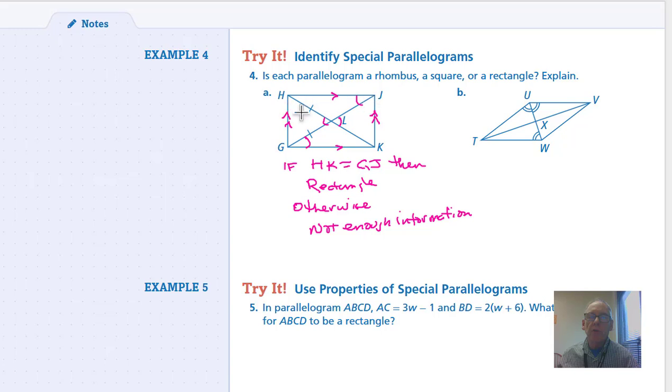By alternate interior angles going the other way, we have these angles congruent. We've got side, angle, angle. So by angle, angle, side, these triangles are going to be congruent. By side, angle, side, these are going to be congruent. So let's see.